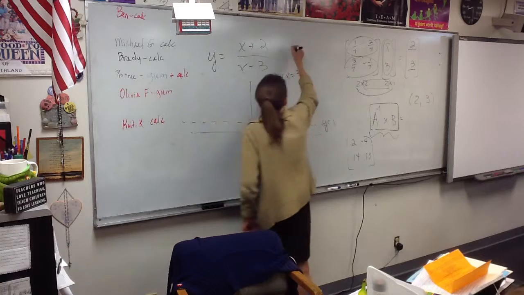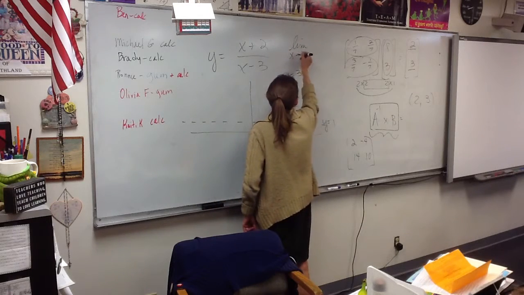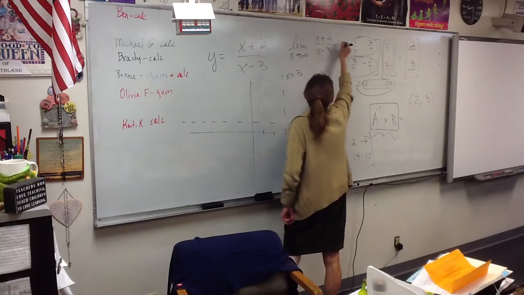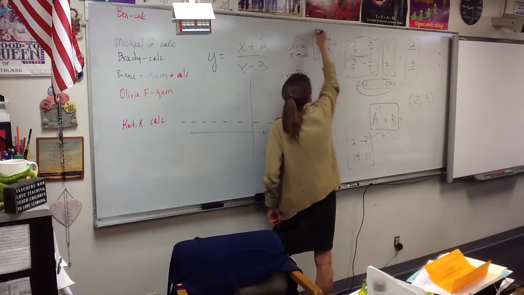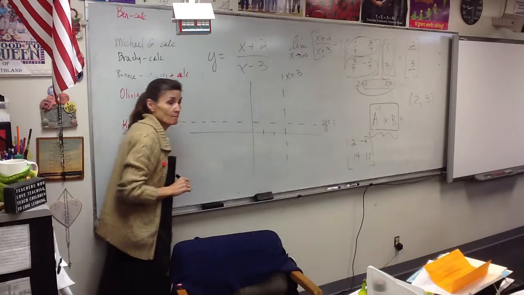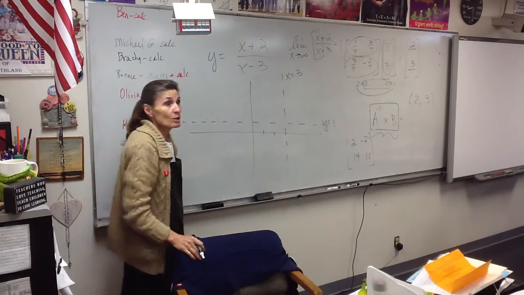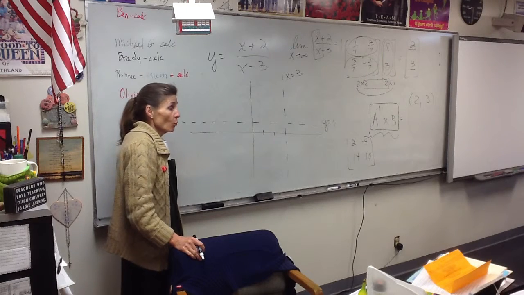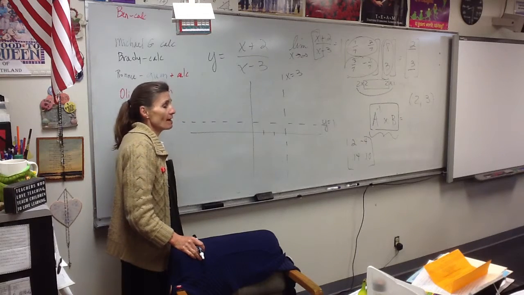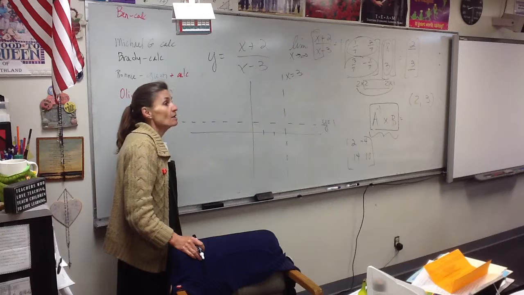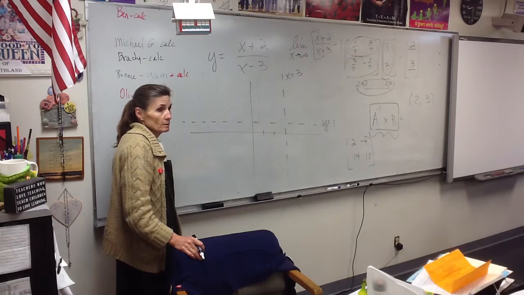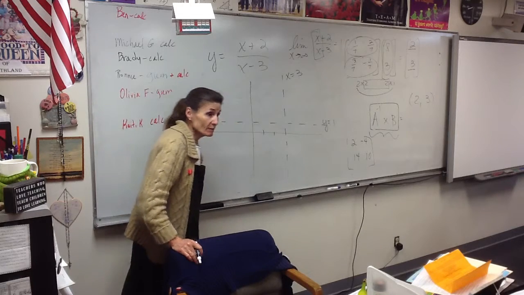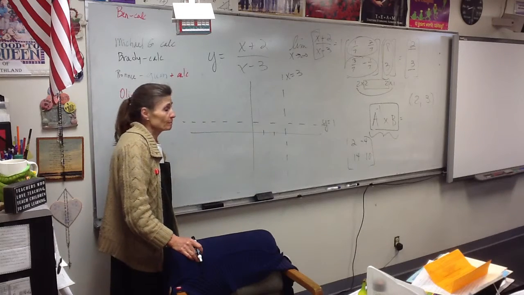Yeah, because the limit as x approaches infinity of this problem is 1. Right there, the limit is 1. Horizontal asymptotes come from the limit. Will every problem have a horizontal asymptote? No. If you had an x squared over an x, you wouldn't have a limit, right? It would be divergent.